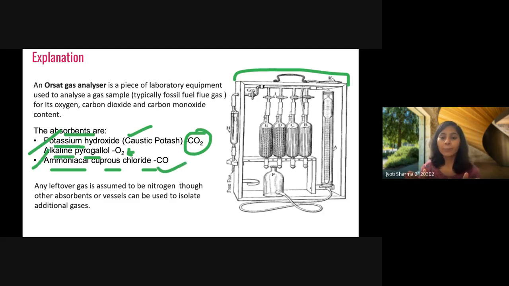So these are different types of absorbent in which we can absorb different gases coming from the chimneys. And the leftover gas will be assumed as nitrogen. But we may use different absorbents so that we can also isolate some other gases coming out from the chimneys, right? So just keep in mind that these are three absorbents that we use for absorbing three different gases coming from the chimneys.